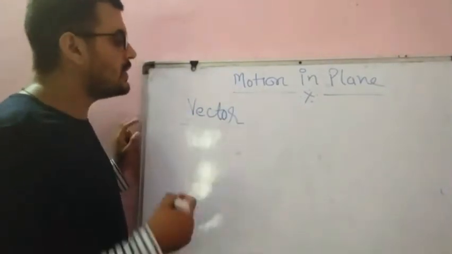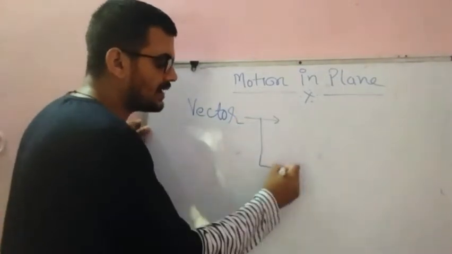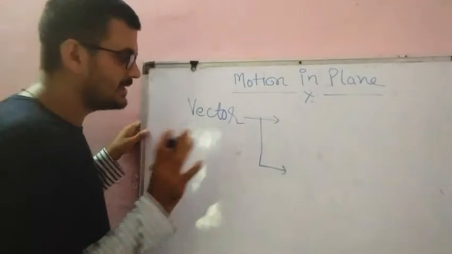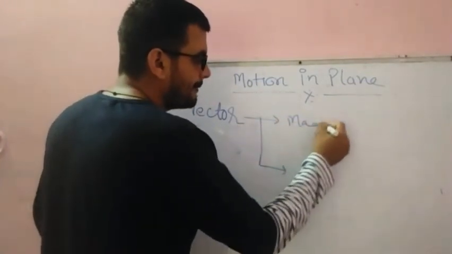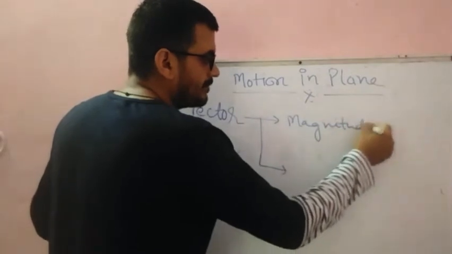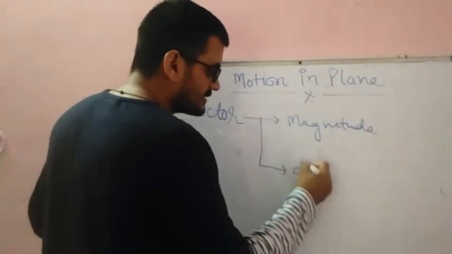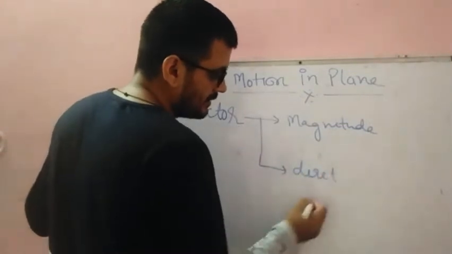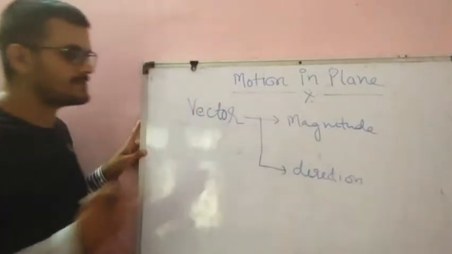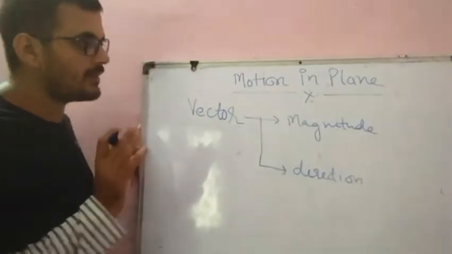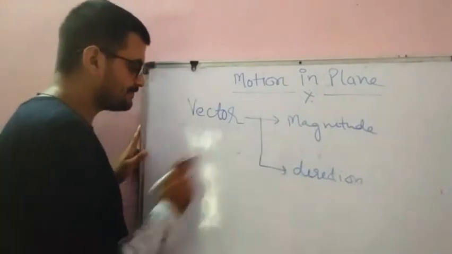To represent the vector we require two things. One thing is magnitude, and the second one is direction. You all know, to represent any physical vector quantity we require two things, the magnitude and the direction.